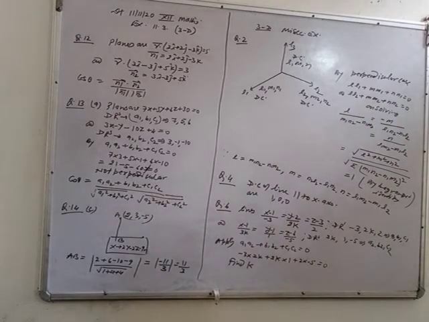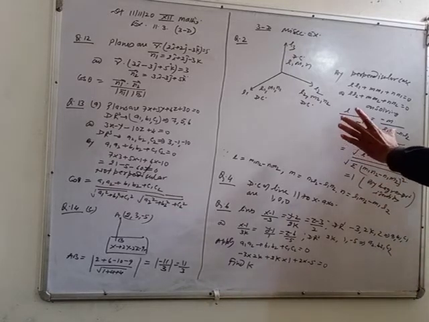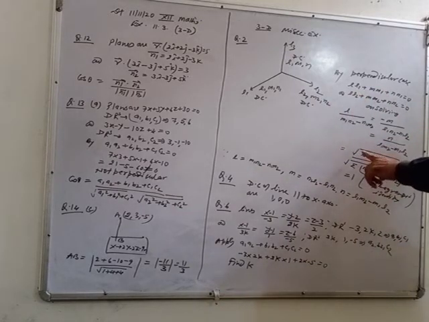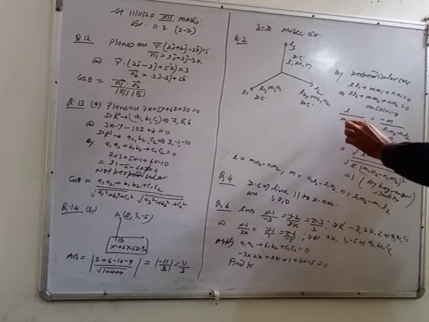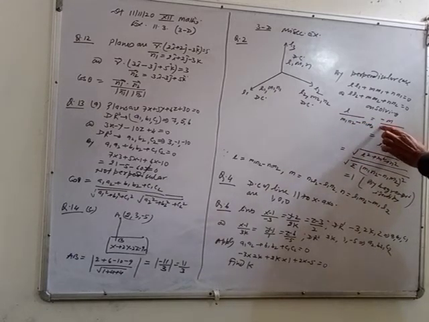Now you have to remember here, directly you can write that if l1, m1, n1 and l2, m2, n2 are DCs, then there is an identity. This whole thing is equal to the root of the sum of the squares of the numerators, l square, m square, n square, upon the root of the sum of the squares of the denominators. Here the summation means the square of this denominator plus the square of this denominator plus the square of this denominator: (m1 n2 - n1 m2) square plus (n1 l2 - l1 n2) square plus (l1 m2 - m1 l2) square.